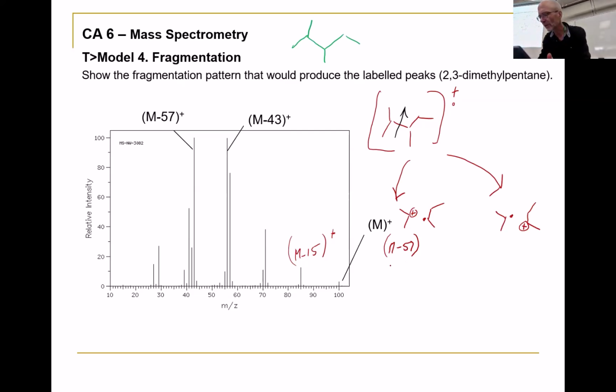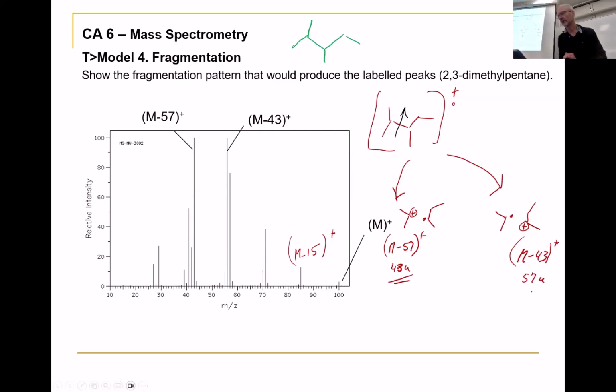So essentially, it's 43 atomic mass units, but we're referring to it as the m minus 57 in reference to what got lost. Over here, this would be the m minus 43 peak in reference to what got lost. But of course, it would be occurring at 57 atomic mass units.